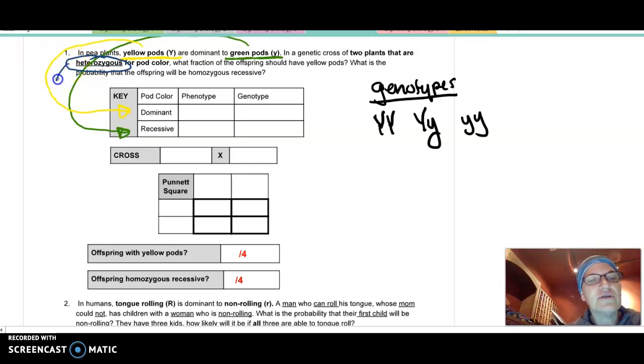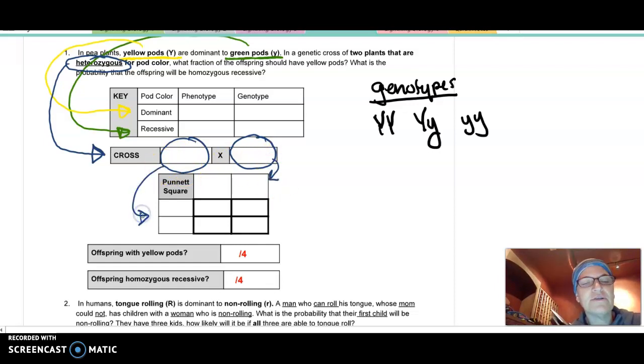And so you put the heterozygous here, crossed with a heterozygous. Then you're going to filter in each parent into the Punnett Square, and you will be left with the offspring. Once you have the offspring, then you go back to my question.